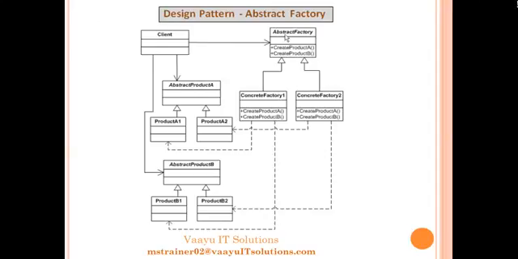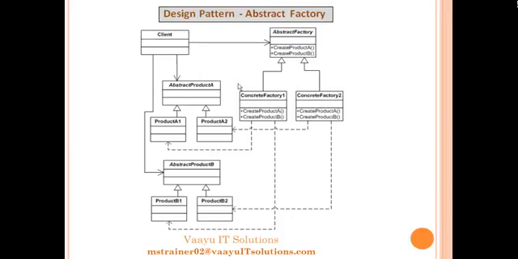You see in the UML diagram that there is the abstract factory, a concrete factory, abstract product A, abstract product B and the client. The abstract factory has some methods or operations that will be implemented by the concrete classes. But what will be the nature of these products?